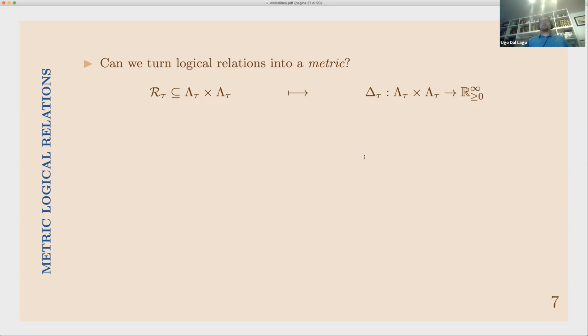So from a notion of program equivalence, so from a relation between expressions in your programming language, you can go to a notion of metrics, so to a function which, given a pair of program expressions in your language, returns, for example, a positive real number or infinity.